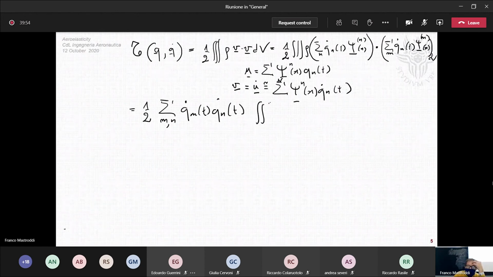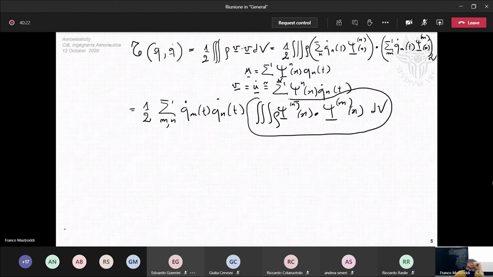And we have psi n(x) dot psi m(x) rho, which is a function of x in general, if you have a non-homogeneous body, for example, dV. Okay, so once you have fixed m and n, you have a constant here. For any m, n, you have a quantity like this, which is M mn.